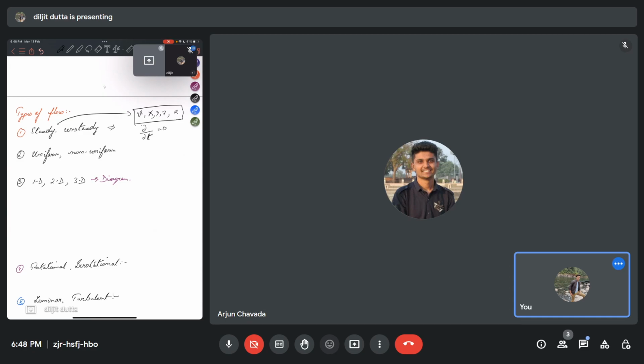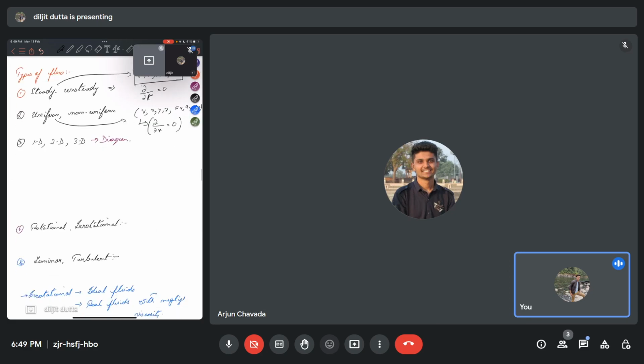If they vary with time, then it is called unsteady. Secondly, if these parameters vary with position in all the three directions, and if they don't vary with position, it is called uniform, else it is non-uniform.